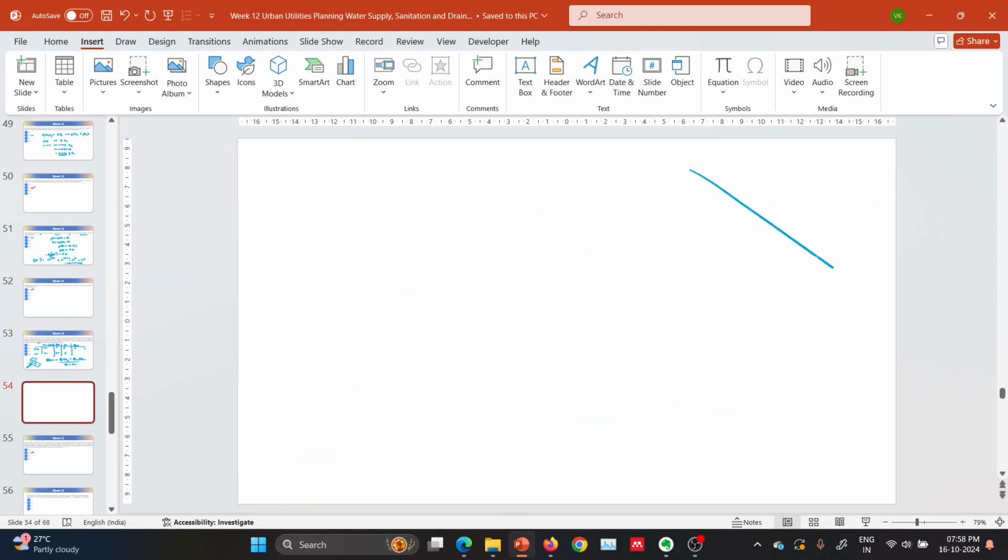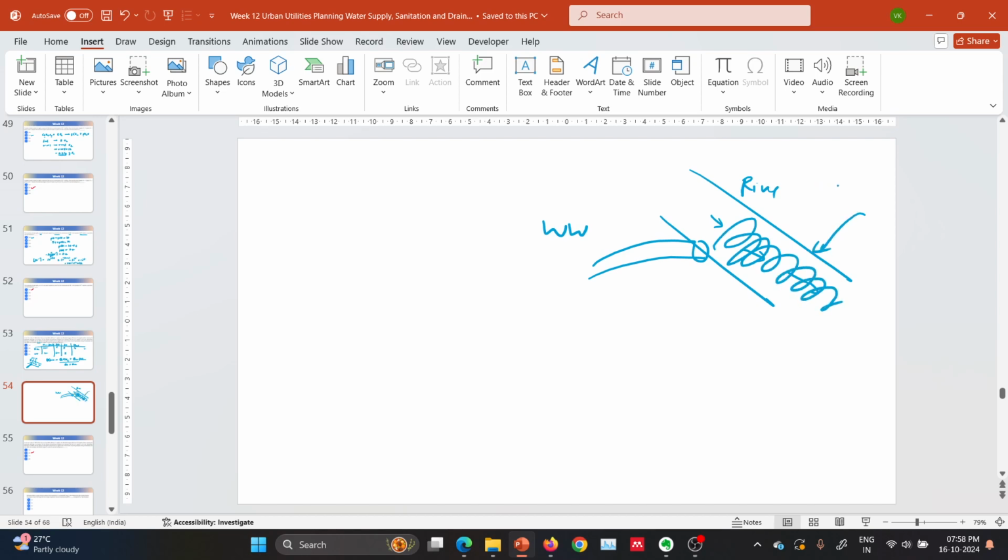What we are saying here is that the river is flowing, and from the outfall we are discharging wastewater. This is the river, complete mixing going on here. Let's see what is the DO of the mix.